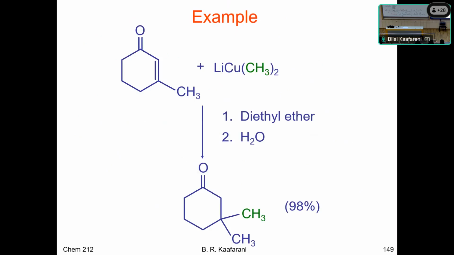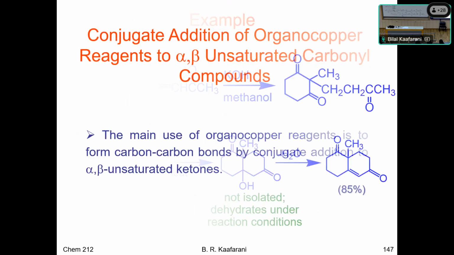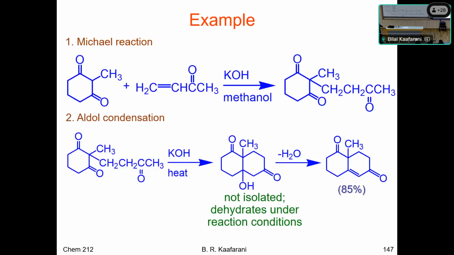Because it is too big, it will undergo 1,4 addition. So what I want to do right now, I want to take this and do a retrosynthesis. This is the end of this chapter, but I want to draw the structure before I stop sharing. And I want to do the retrosynthesis.